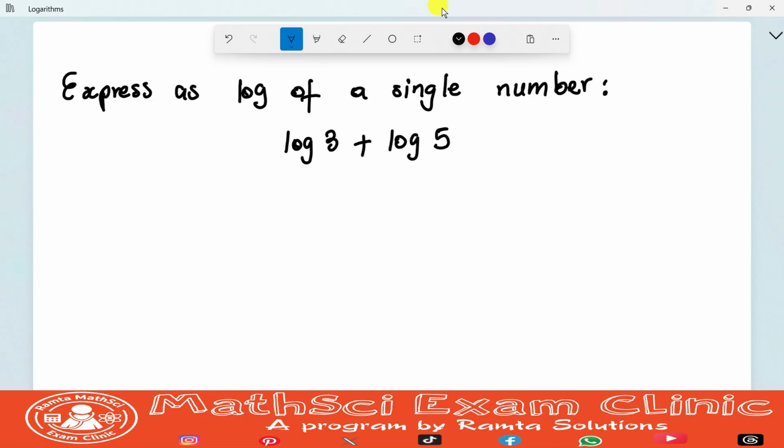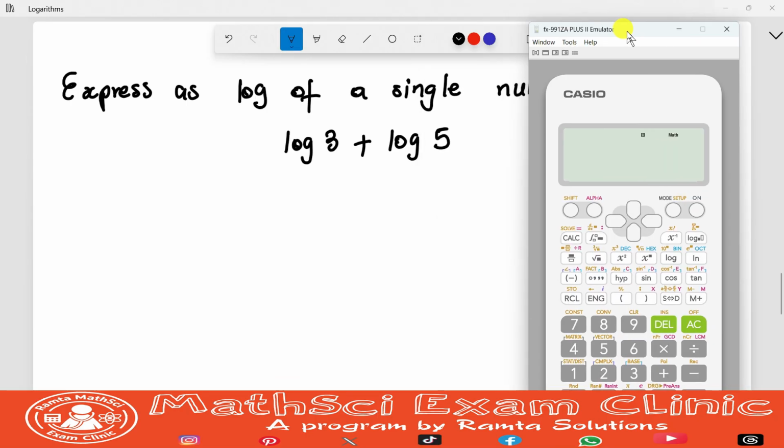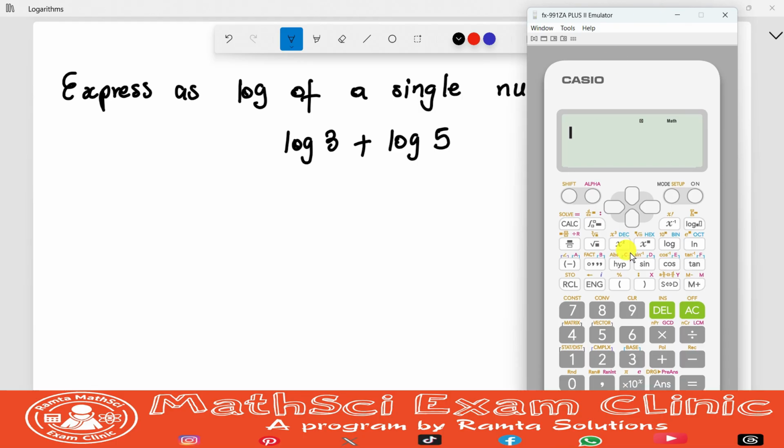Today we are expressing as log of a single number. So I want to show you this on a calculator. On a calculator, you have log 3 plus log 5.